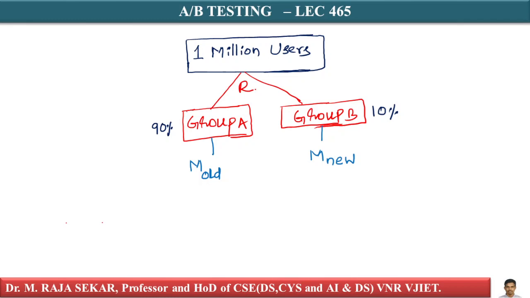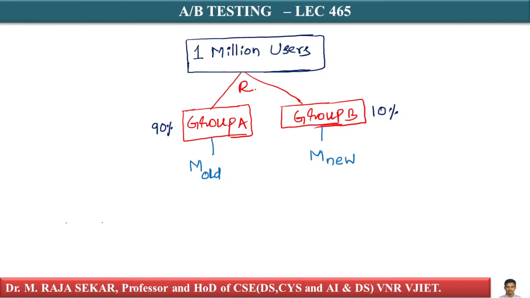Now you might wonder, why are you splitting users into 90% and 10%? Because I know that my old model works very well. If I split them into 50% and 50%, and let's assume my new model is somewhat crazy, and let's assume I have 1 million users.